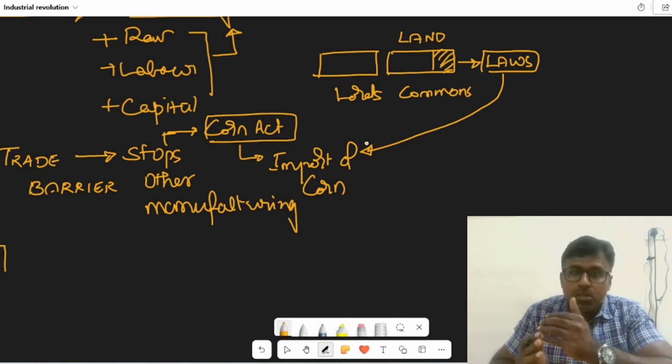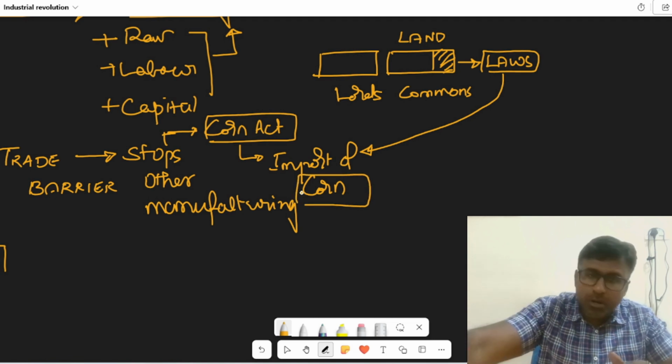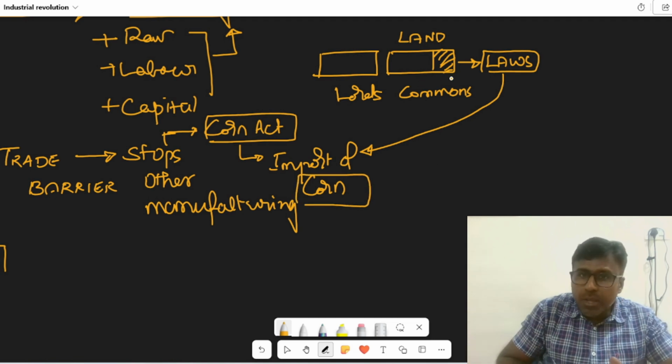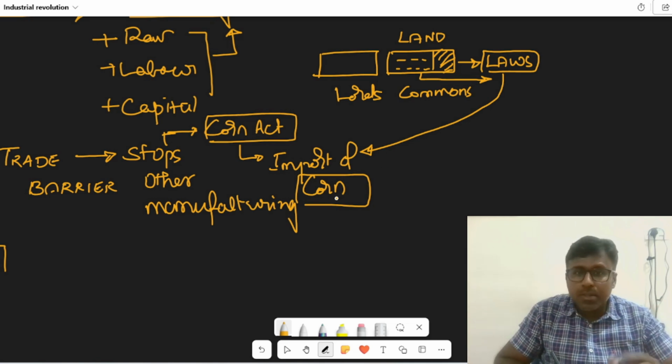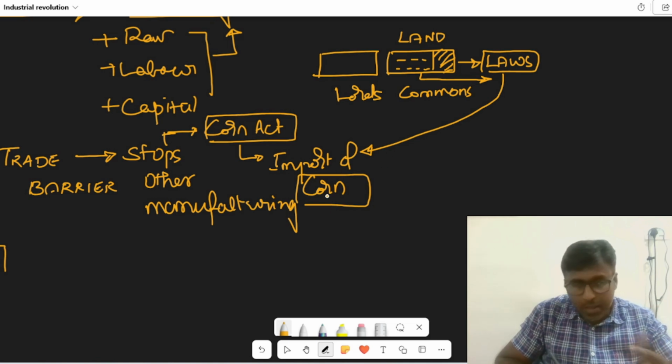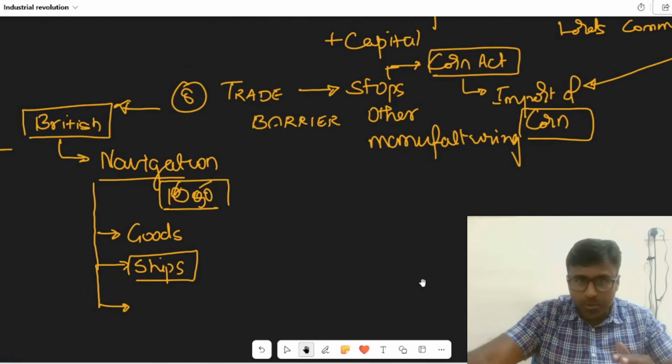They have to import cheap corn. They were not able to import earlier because the land holding community stopped it through laws. Now it was the time of the entrepreneurs. They started importing corn. They removed that law.